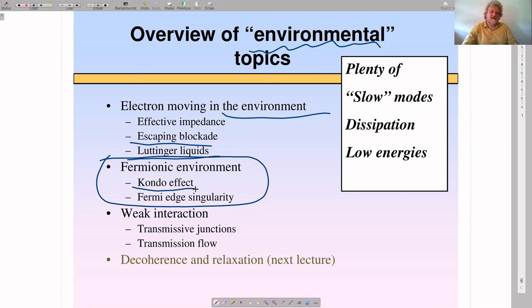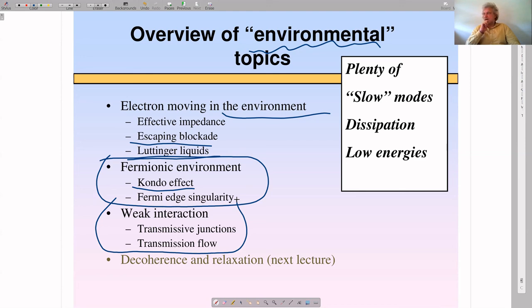It results in Fermi-edge singularities, which are also observed experimentally. There's also the problem of how to describe this interaction for transmissive junctions, and all these topics we don't even touch.